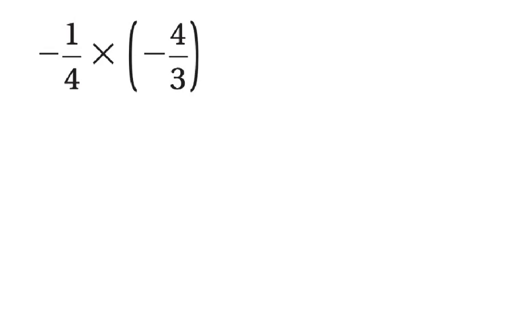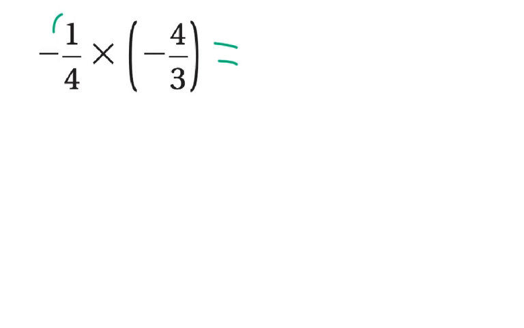I notice I've got negative 1/4 times negative 4/3. So when I am multiplying, I can start with the numbers or I can start with the symbols. When I'm multiplying, I do not have to do anything to change these fractions. I could simplify if I wanted, but you can't simplify these. I can just multiply the numerators and then the denominators.